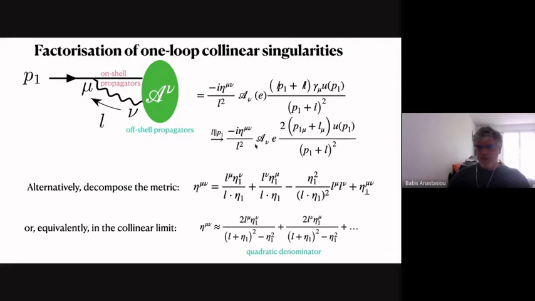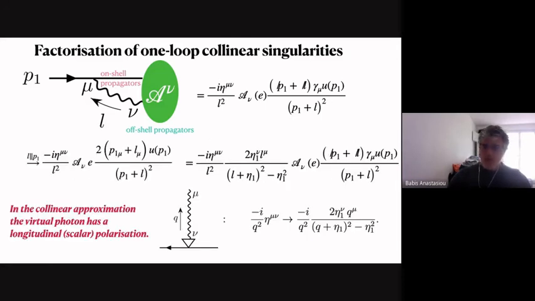and you simplify it, then this amounts to essentially replacing the metric of the exchange photon with only the longitudinal components.